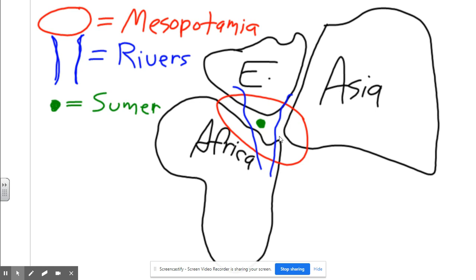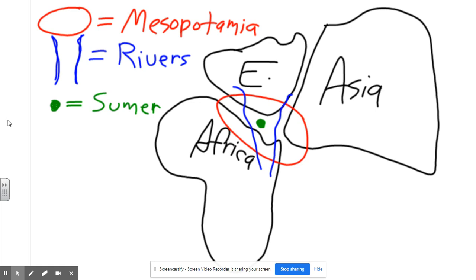So the Tigris River is the one on the right hand side, and then the other river on the left hand side is known as the Euphrates, and it starts with EU, just like in Europe. EUPHRATES. So it's like Euphrates with a PH. Okay, so you have the Euphrates and you have the Tigris rivers.